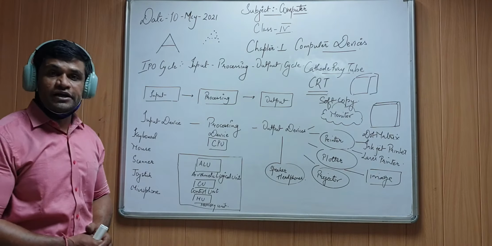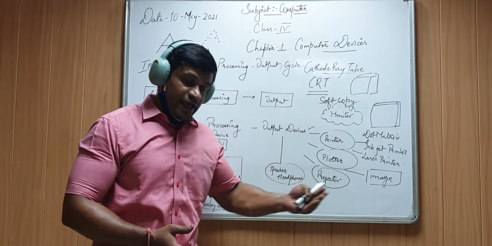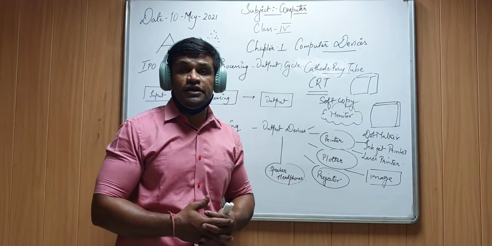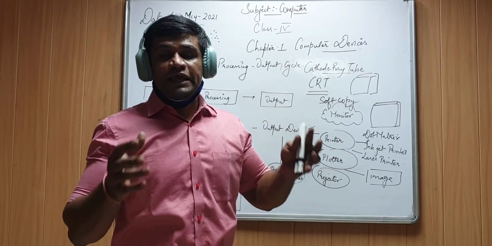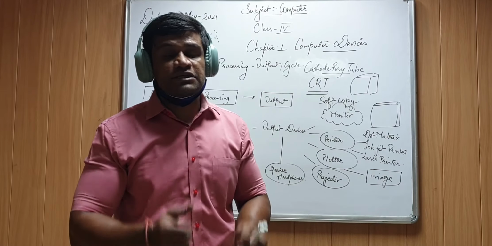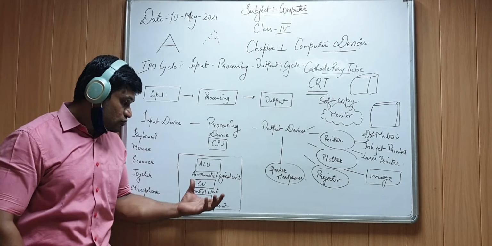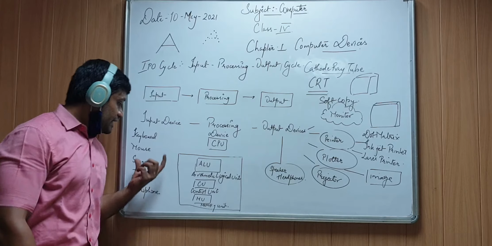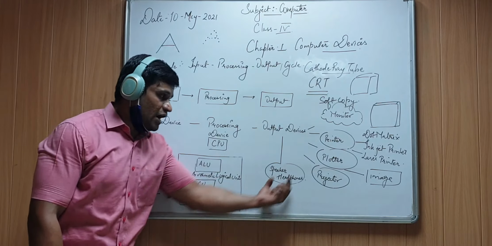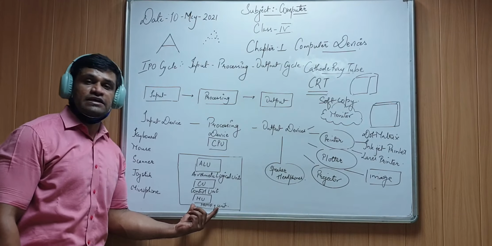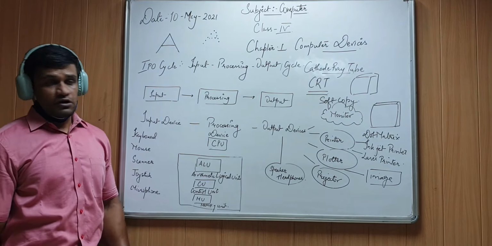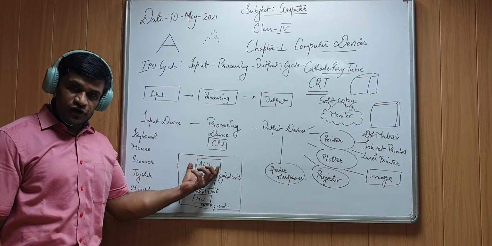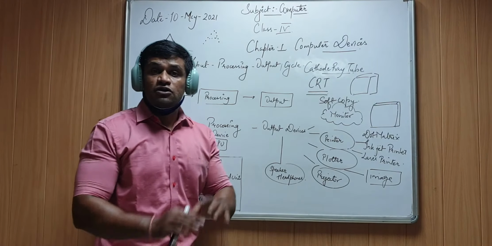So memory unit is the storage, which is your next chapter also. Memory unit is your storage in which the input, the data, and the instructions are stored. That is also in your CPU itself. Whether it is input data or output data, both are stored in the memory unit. So ALU does the calculation work, and memory unit does the storage work.